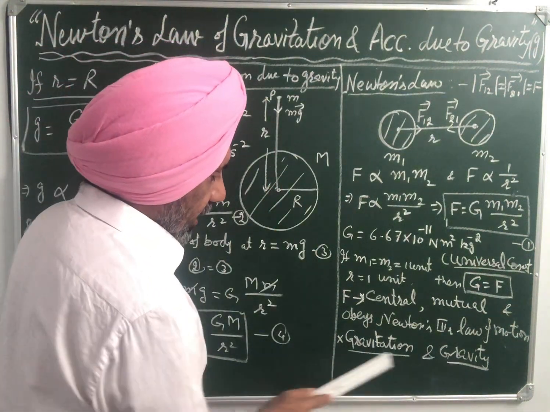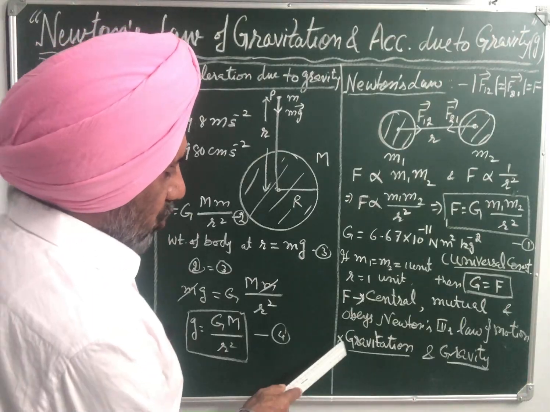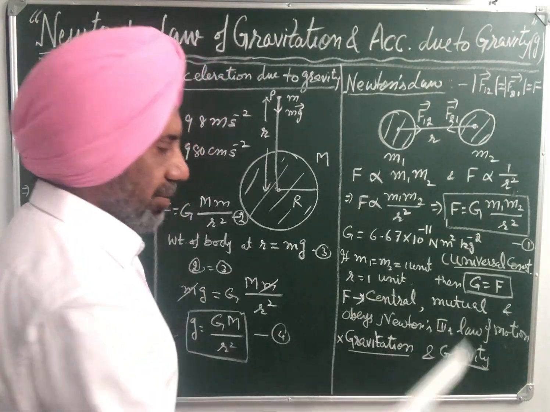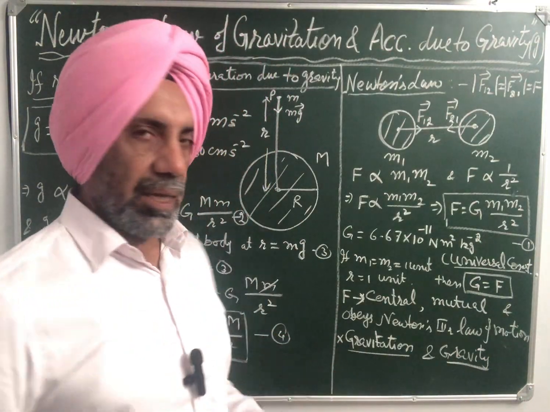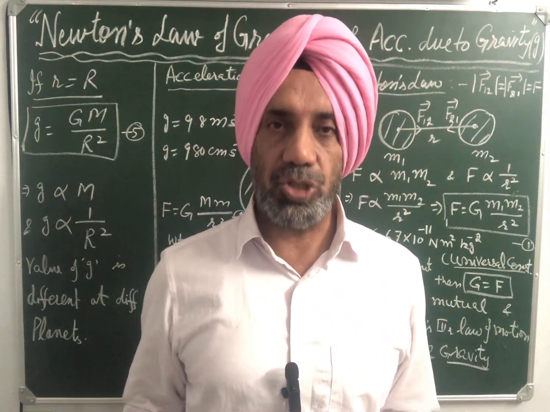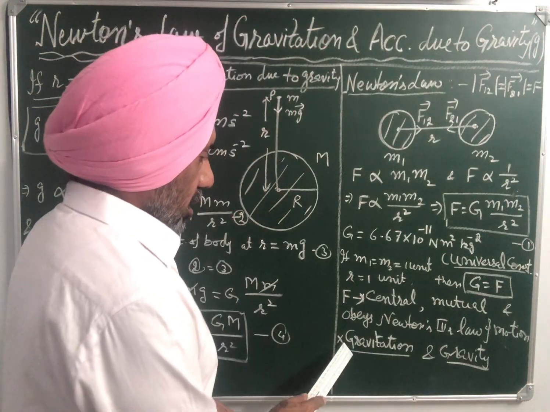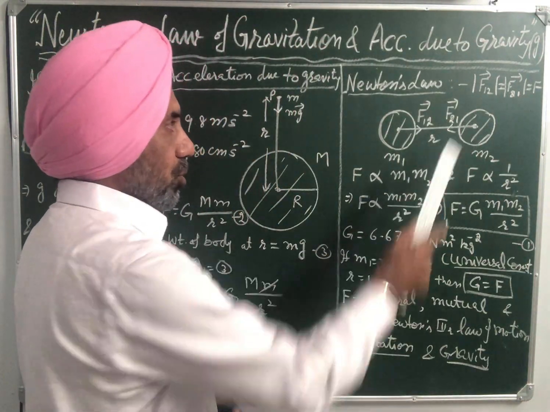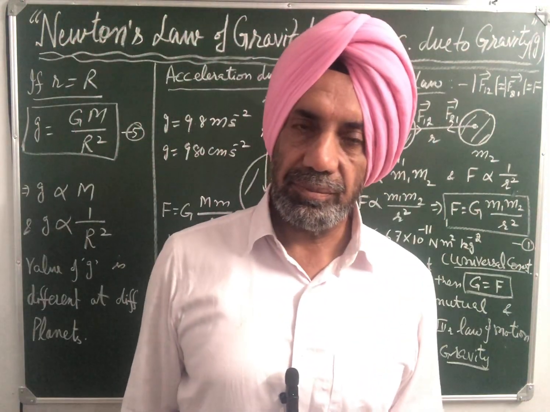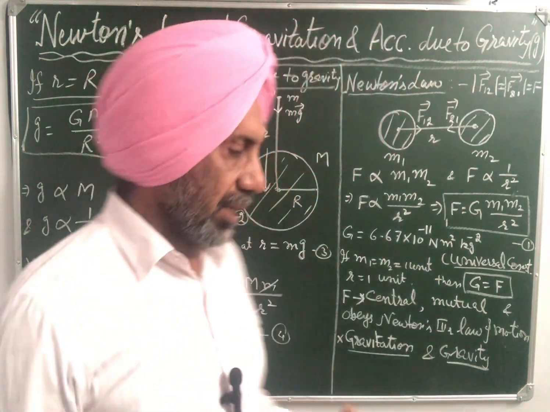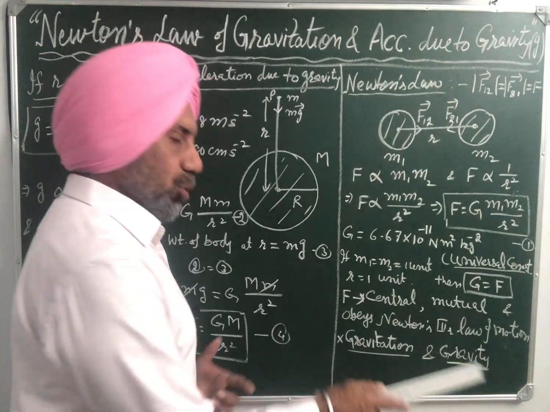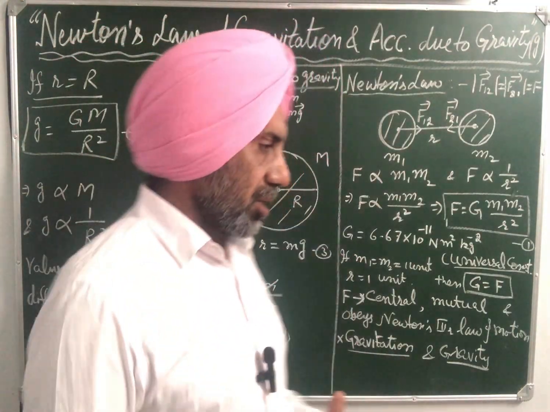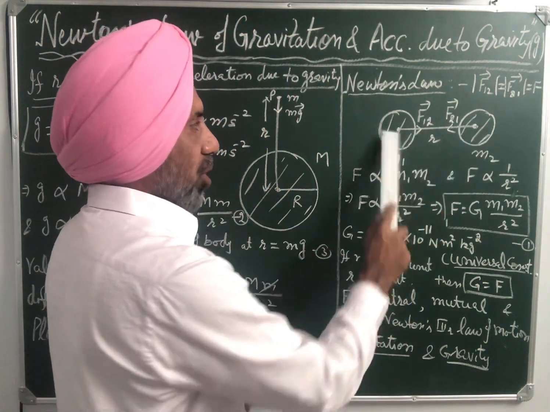First of all, let us differentiate between gravitation and gravity. Both gravitation and gravity represent force. Force between any two bodies is called gravitation. Suppose there are two bodies.